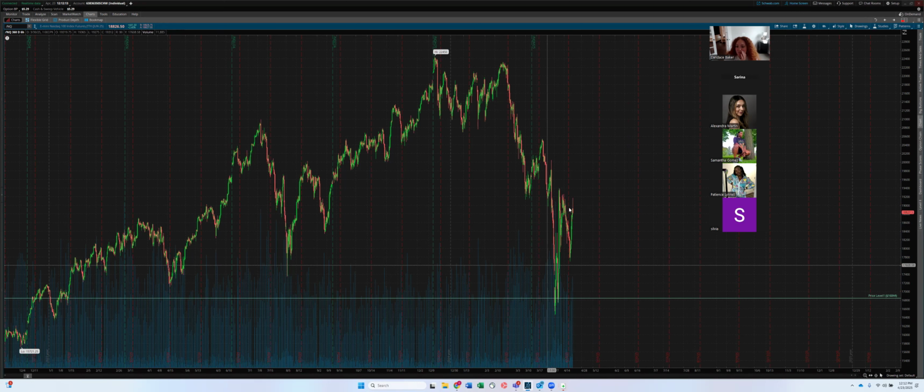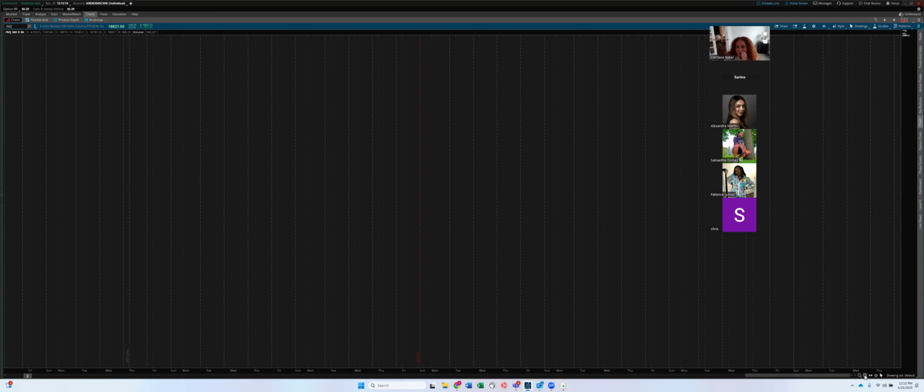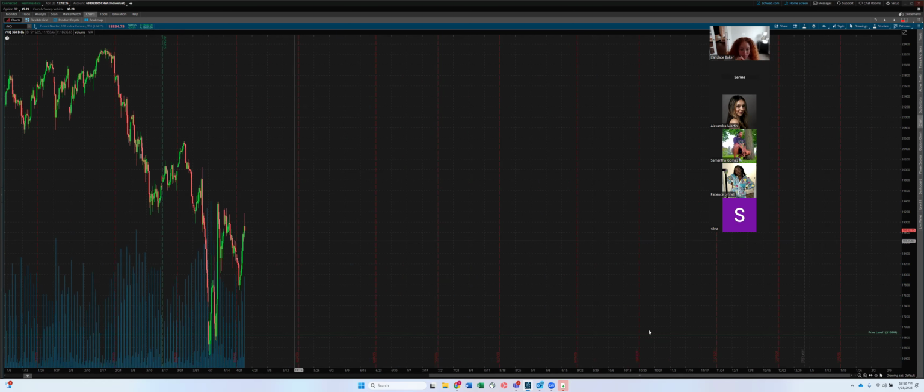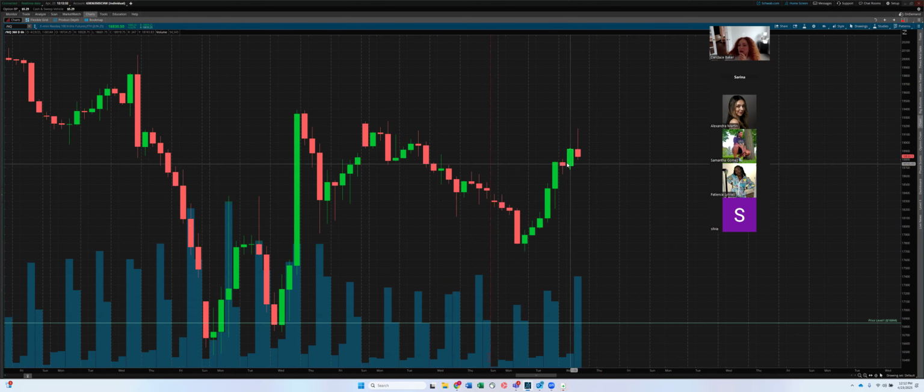Why is it not letting me zoom in? There we go. Yeah, so NQ also had a 6 hour right here. It hasn't reached it yet.